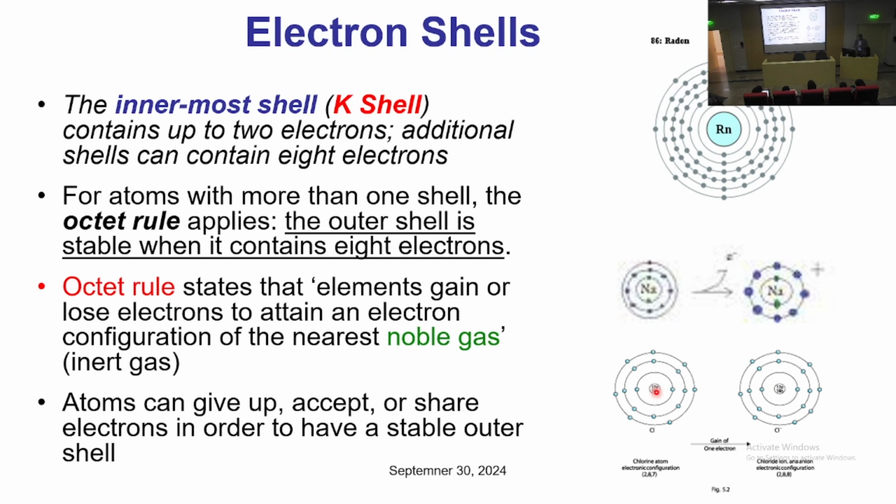Which charge will chloride then have? Negative charge. That's why we usually write chloride as negative. This is the most stable form of this atom, while for sodium, because it's easier to just give away 1 electron, it becomes positive.